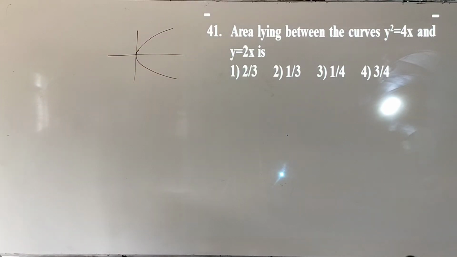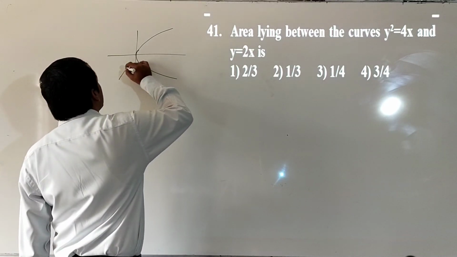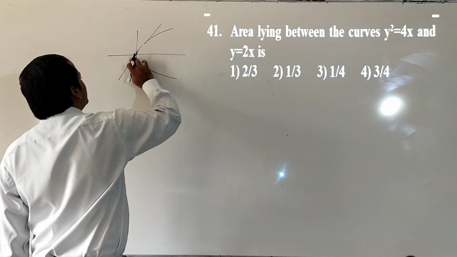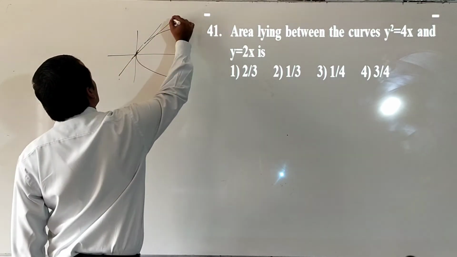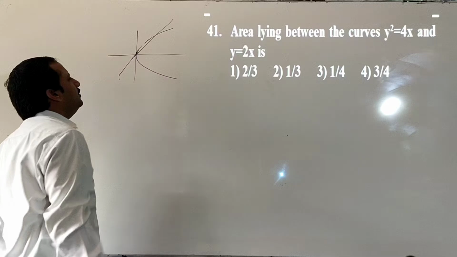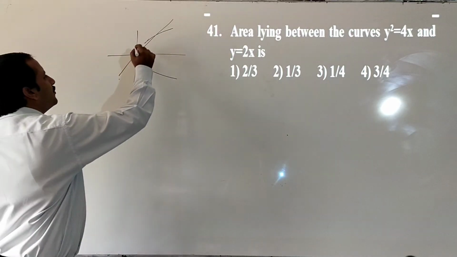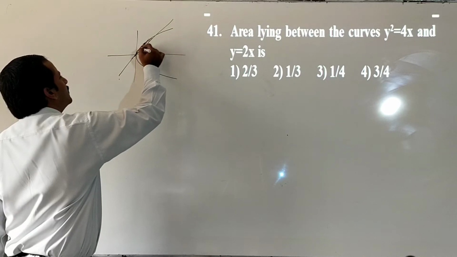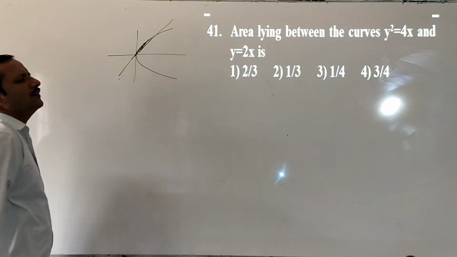This is the parabola, y square equal to 4x. Then y equal to 2x is a straight line passing through origin. Okay, this is the line y equal to 2x. We are asked to find the area of this region.